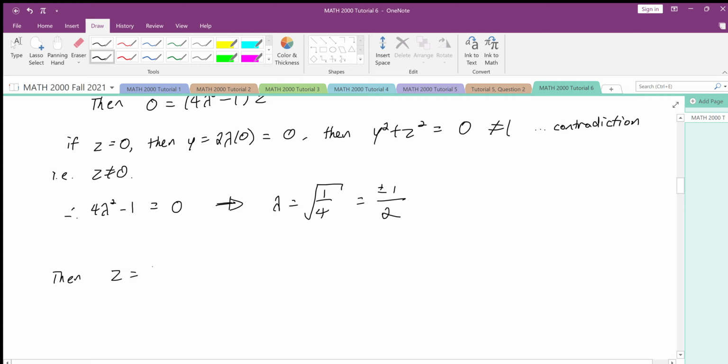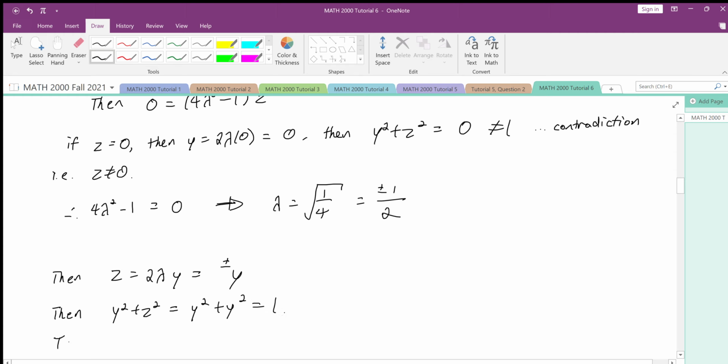So then z is equal to 2 lambda times y, but lambda is plus minus 1/2, so that's just plus minus y. And then we have y squared plus z squared is 1. So y squared will stay the same, z is just plus minus y, so its square is just another y squared, and that's 1.